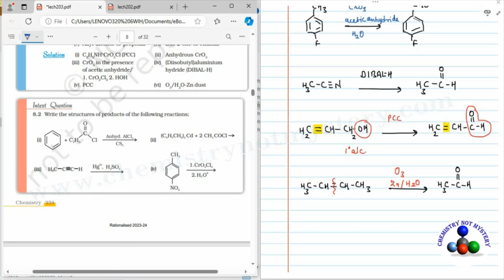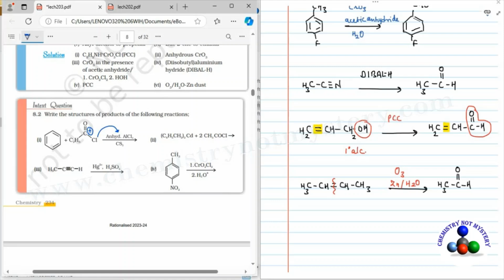Write the structures of the products of the following reactions. In this reaction, benzene reacts with C2H5COCl, an acid chloride, in presence of AlCl3. This AlCl3 is a Lewis acid. It will abstract Cl and generate an electrophile. This electrophile attacks benzene and benzene undergoes an electrophilic substitution reaction.